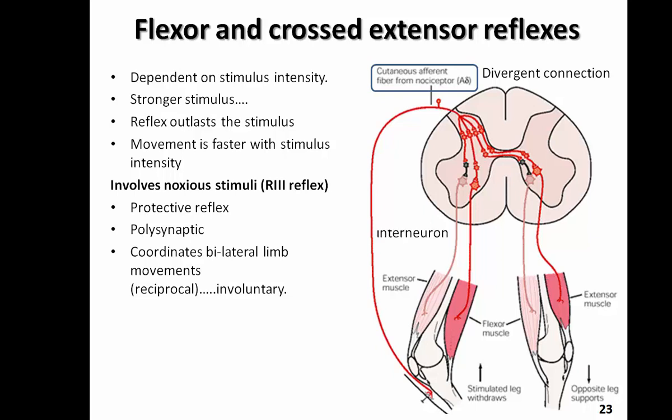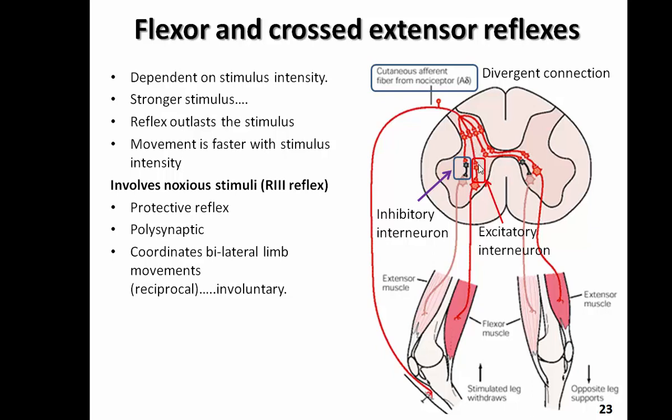And these inhibitory interneurons that you see right here will inhibit the extensor muscle. At the same time, this divergent connection will not only activate this inhibitory interneuron, but it will also activate an excitatory interneuron.